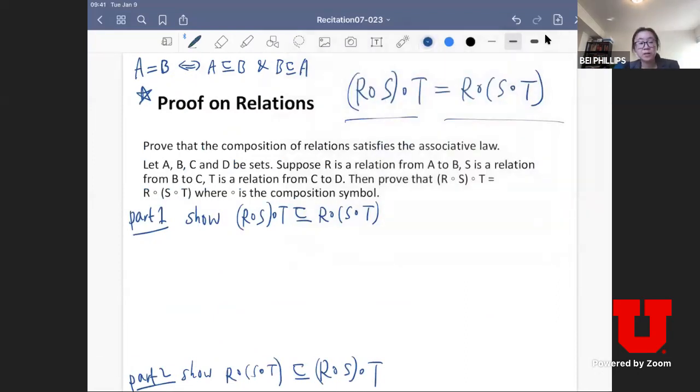What I start with is an element on the left-hand side. Now, if I have an element in a relation, it's a pair. So I have an element AD that belongs to the left-hand side. Now I'm just going to use the definition of relation composition.